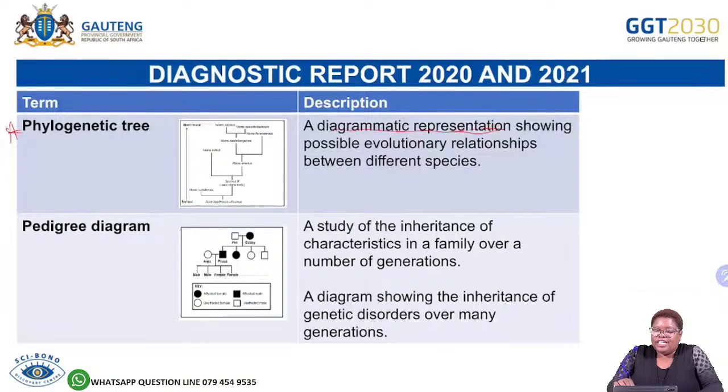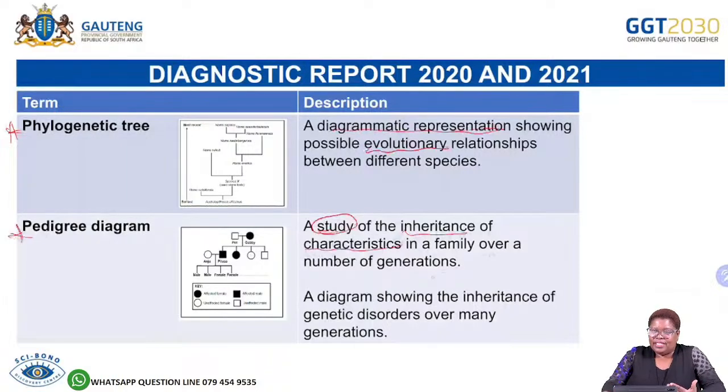Possible evolutionary relationships between different species. But comparing it with the pedigree diagram, it is a study of what? Inheritance of characteristics in a family over a number of generations.